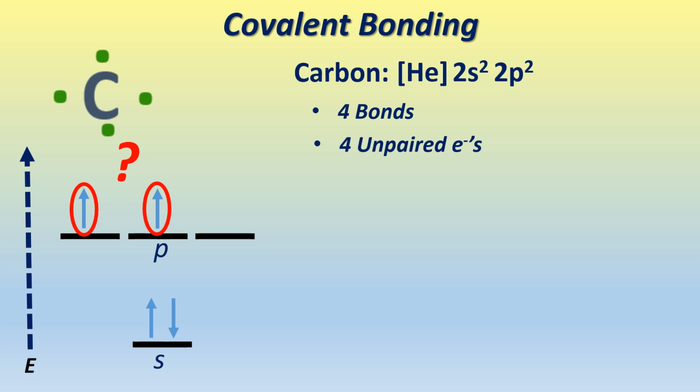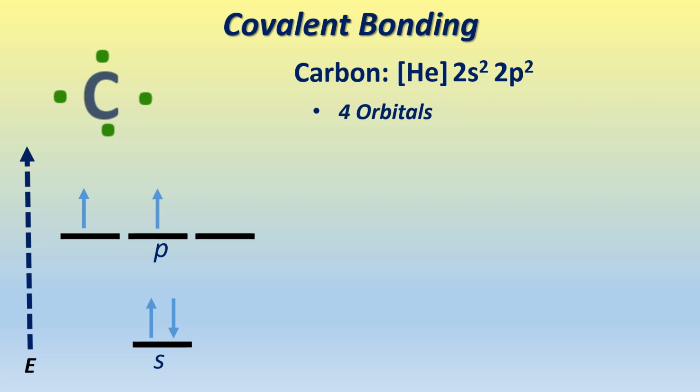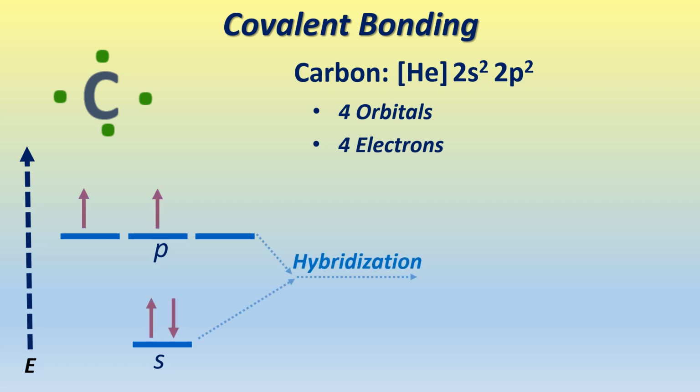The answer lies in looking at the orbital structure. Carbon has 4 orbitals, and it also has 4 electrons. These orbitals, to form a molecular bond, are hybridized. They're essentially mixed. The s orbital goes up slightly higher in energy, and each of the p orbitals drops slightly in energy. You now have 4 orbitals of the same energy, and you have 4 electrons to distribute to those orbitals.